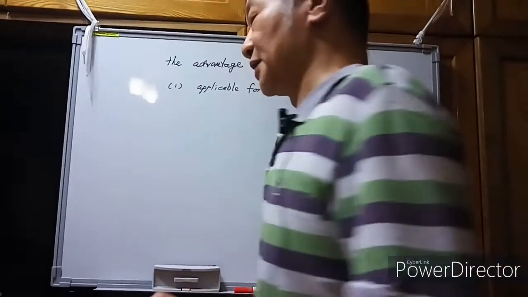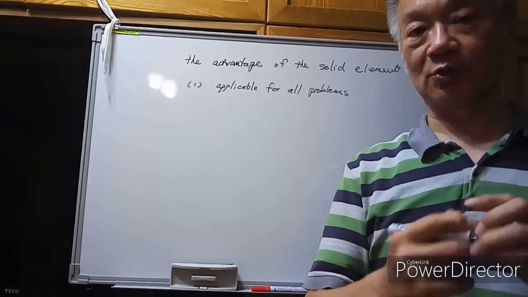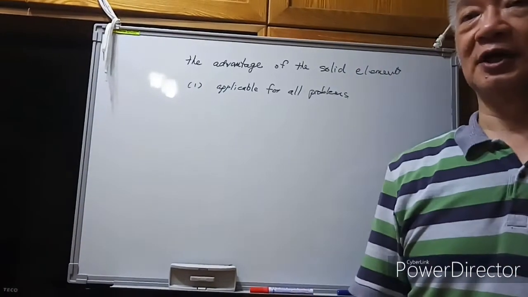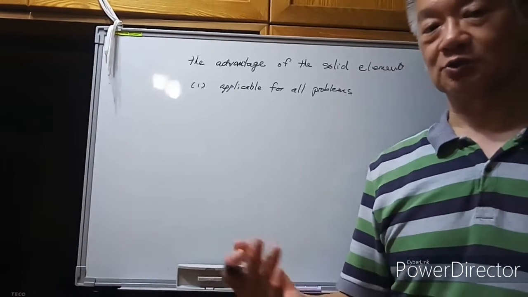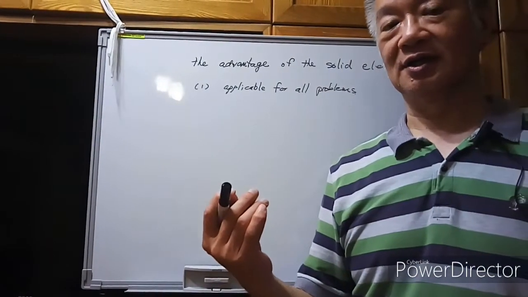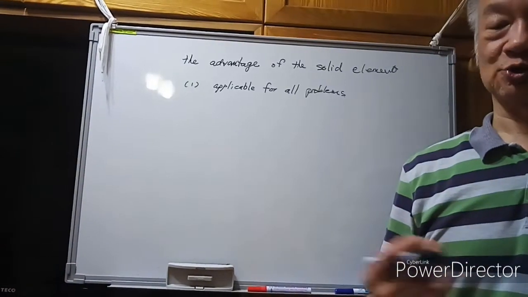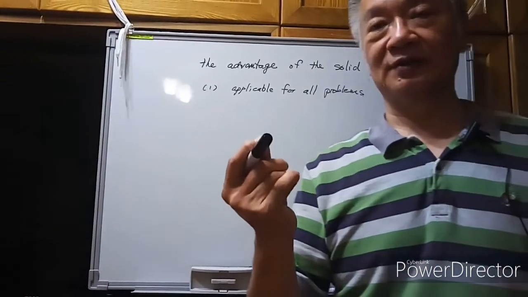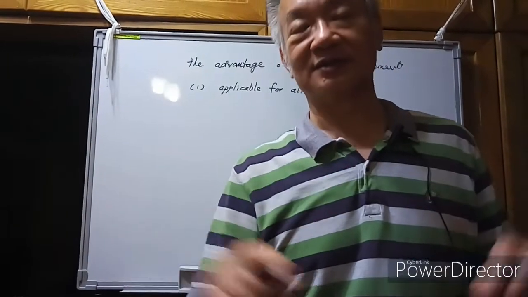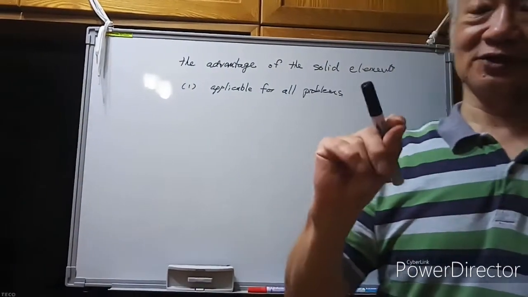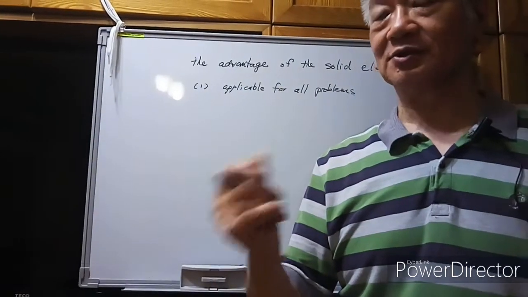Okay, you can say the solid element can be applied almost to all the problems, since actually all the structures must be three-dimensional structures. For example, if we consider a plate, although the thickness could be very, very small, it cannot be zero.